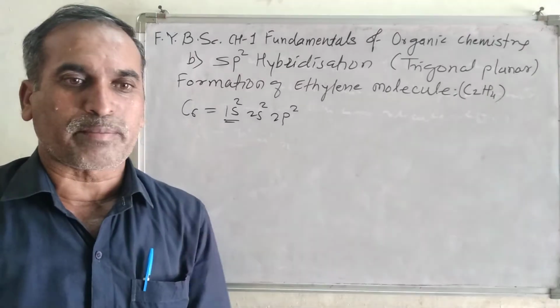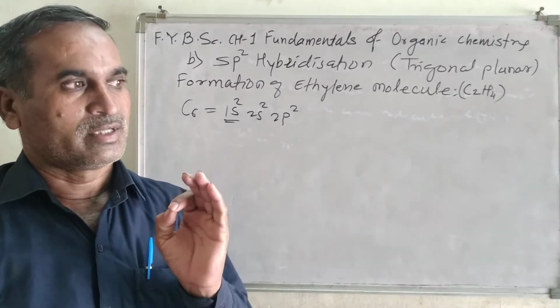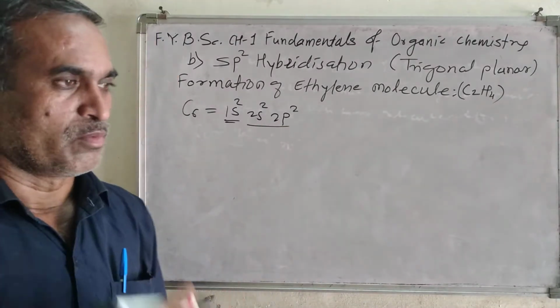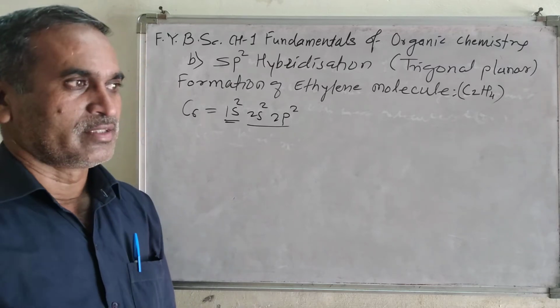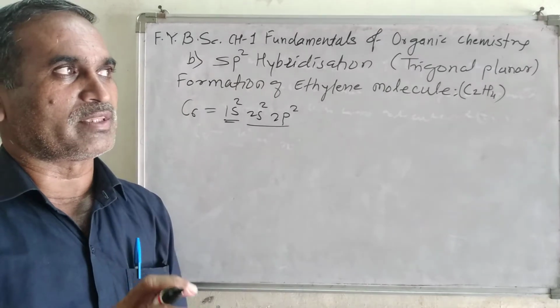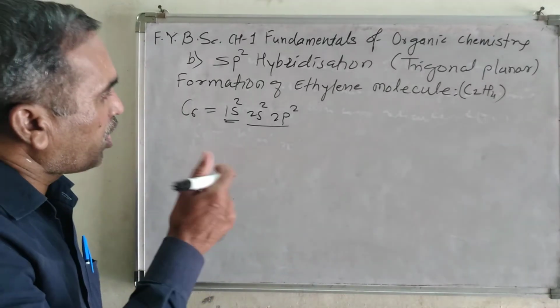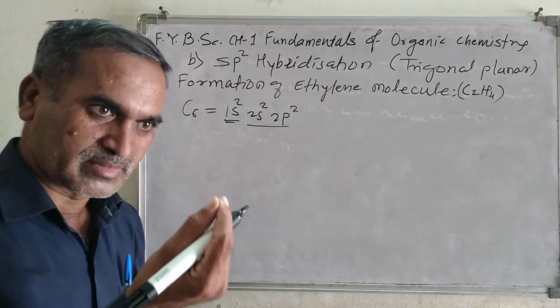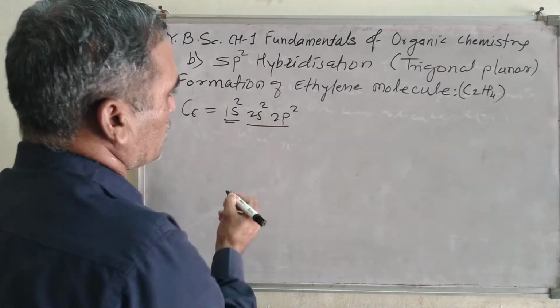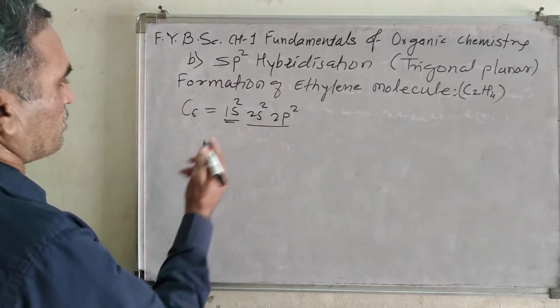It does not take part in the formation of the bond. Only the outermost shell electrons, called valence shell electrons, can form bonds with other elements or itself.